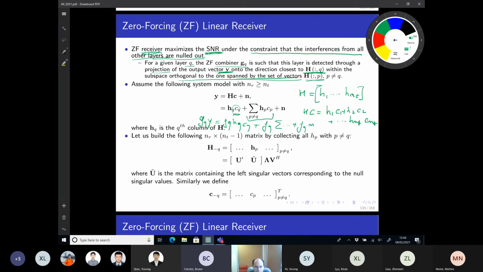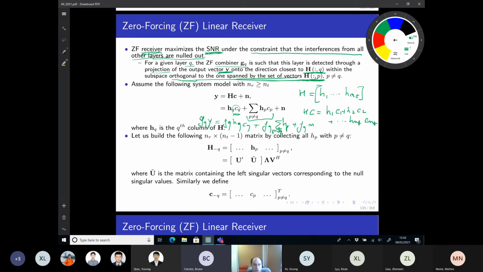Important thing. And once I've done this, that means actually GQ will have to be orthogonal to the space spanned by all those columns. GQ is going to have to be orthogonal to the space spanned by all those HP with P different than Q. Okay, GQ has to be orthogonal to the space spanned by all those HP different than Q. And being orthogonal to that, I want to find the GQ that will be the closest, that will be matching HQ.